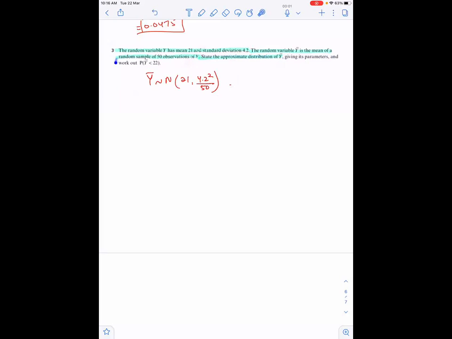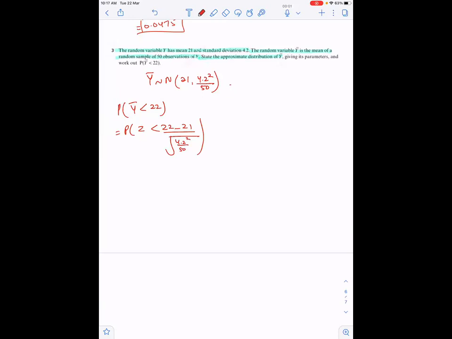Given its parameters, work out the probability that the mean of Y is less than 22. It is going to be equal to probability Z is less than (22 minus 21) upon square root of 4.2 squared upon 50. So I'm solving this: 4.2 squared divided by 50, square root of the answer, then 1 divided by the answer.